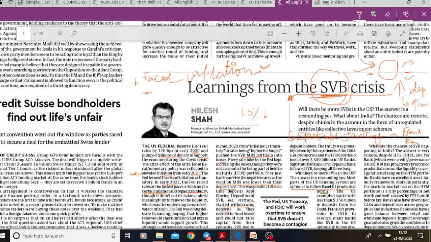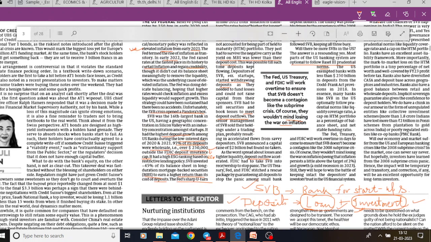In fact, that deposited money was diverted by the bank to buying bonds.